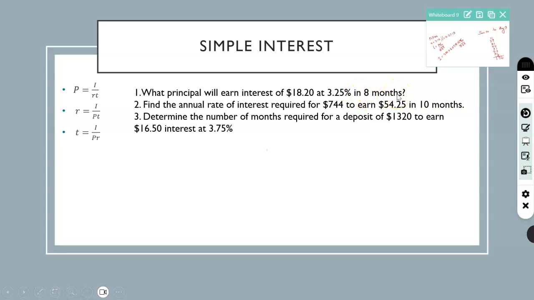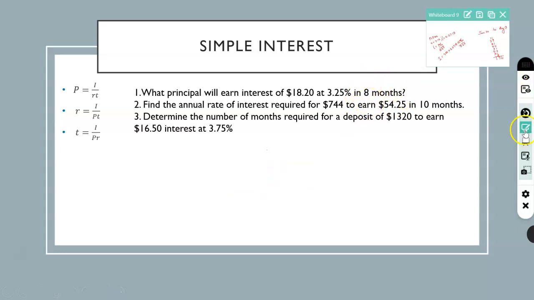Let's pause the video so you can try it on your own and then check whether you are getting the same answer or not. Here, interest is given as 18.20, R is 3.25%, and time is 8 months.